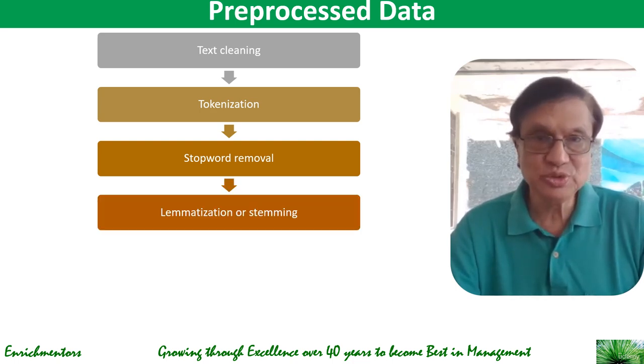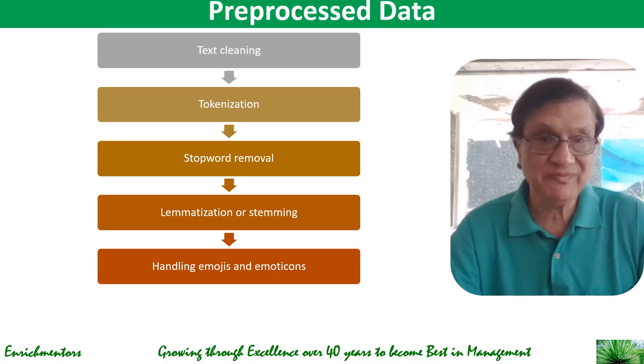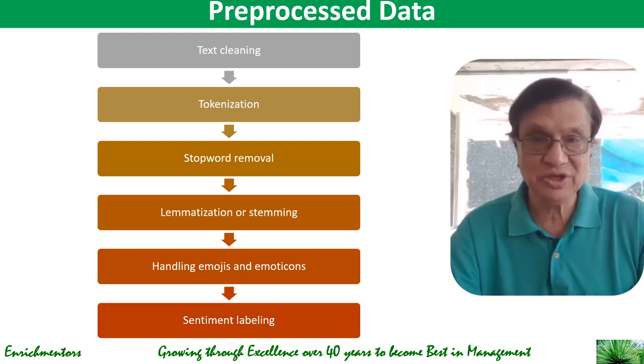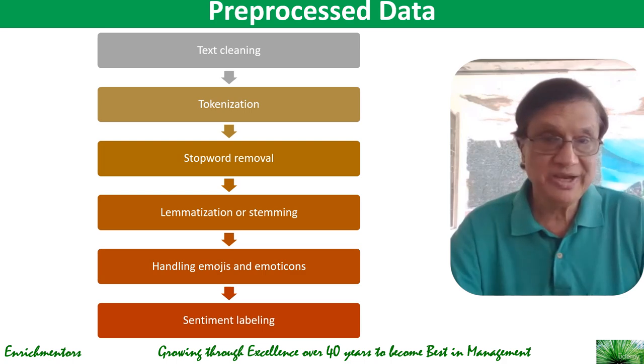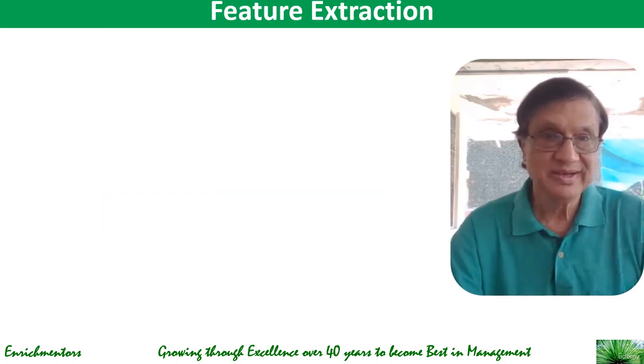And then they reduced words to their basic or root form to normalize variations, like running. They lemmatize it to run. Then they converted emojis and emoticons to text representation to include sentiment related information, and finally assigned sentiment labels positive, negative, and neutral to each review based on ratings or a sentiment analysis algorithm.